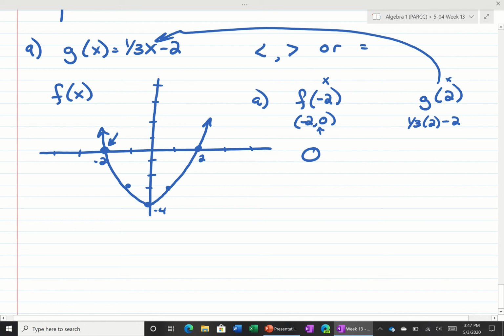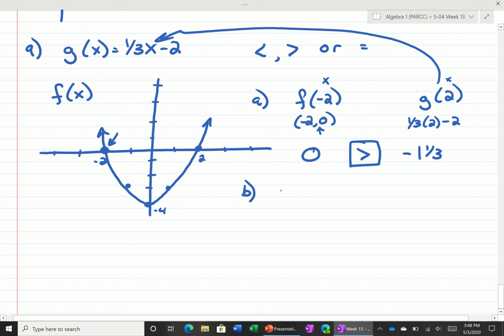And it's just basic arithmetic. 2/3 minus 2 is -1 1/3. 0 is greater than that number. That would be what the answer is.